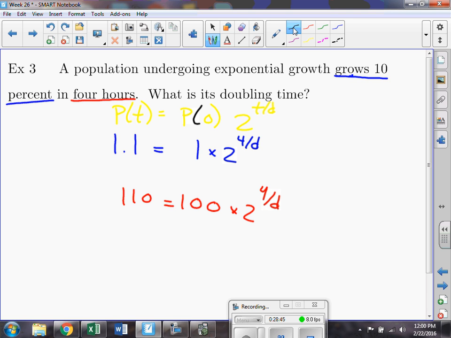Some students get confused by the piece in the blue, so you can make up an initial population size and use the red instead. It's valid because when you go through and solve it, your first step is to divide out by the initial population. What do you notice?